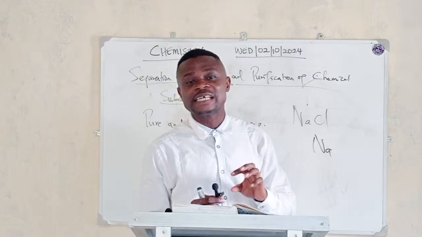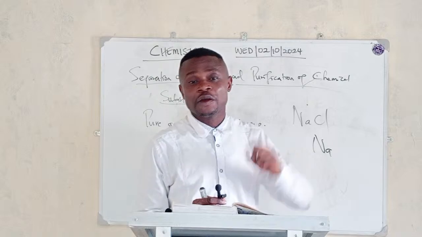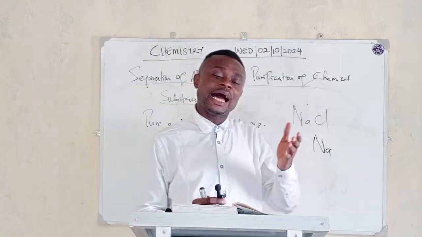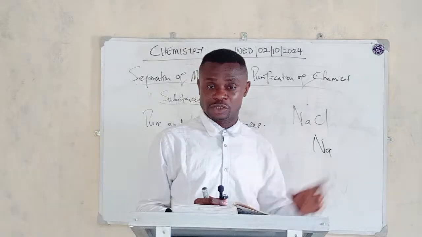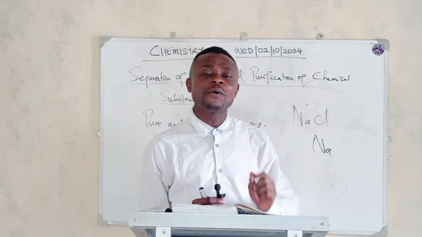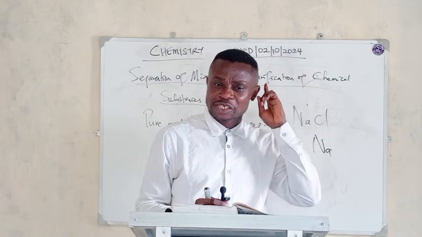An impure substance has constituents that are not chemically bonded. So an impure substance can as well be taken as what? Mixture. And the boiling point and melting point of an impure substance is not sharp.